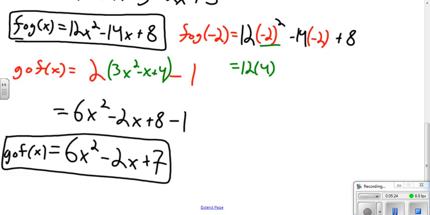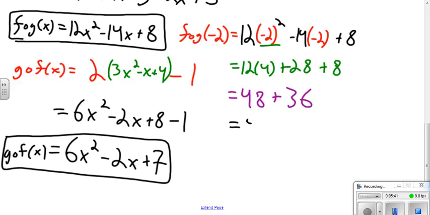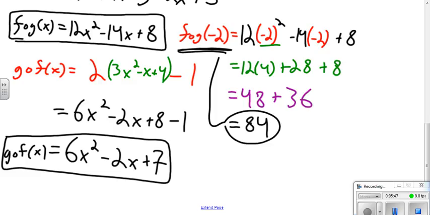Negative 14 times negative 2 is positive 28, and plus 8. 12 times 4 is 48. 28 plus 8 is 36. So in the end, that equals 84. So f of g of negative 2 equals 84.